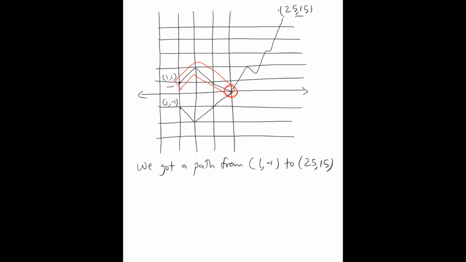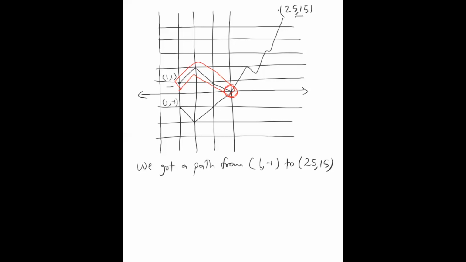Any path from 1 comma 1 to 25 comma 15 that touches the x-axis, when you reflect it the way we reflected it, looking at the first time it touches the x-axis and reflecting the part of the path before that across the x-axis, is always going to give you a path from 1 comma minus 1 to 25 comma 15.